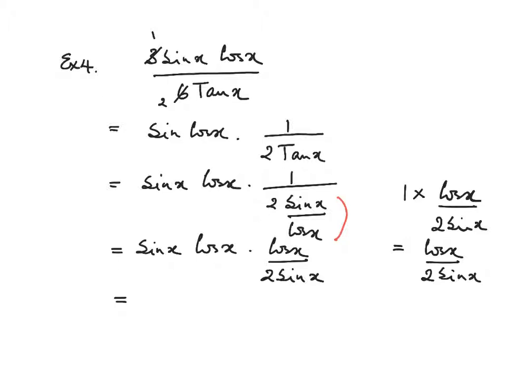Now you can see we've got a sin x on top, sin x on the bottom. I've got 2 on the bottom, which is a half, and I've got cos x times cos x, which is cos squared x, and that's as far as this one will go.